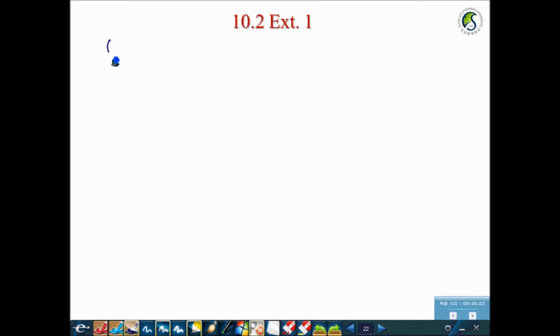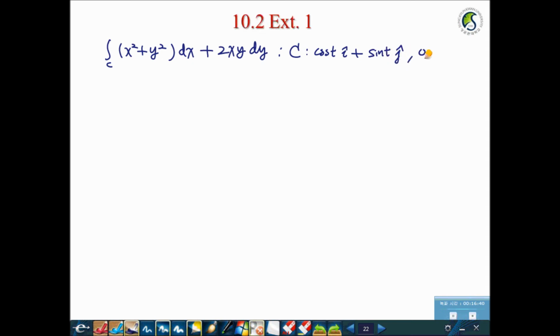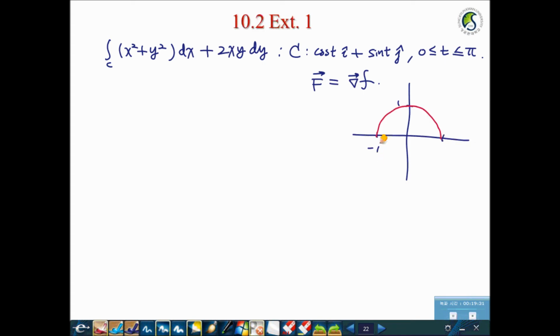Next, the integral of x squared plus y squared dx plus 2xy dy, where c is cosine t i plus sine t j, and t goes to pi. This is a half circle, from 1, to minus 1, from 0 to here.